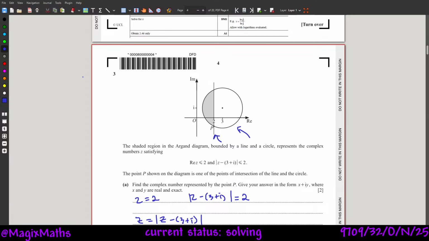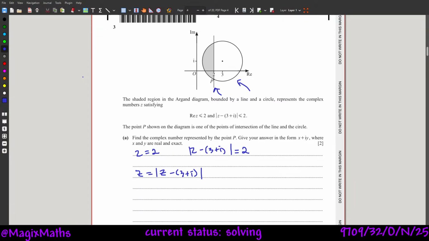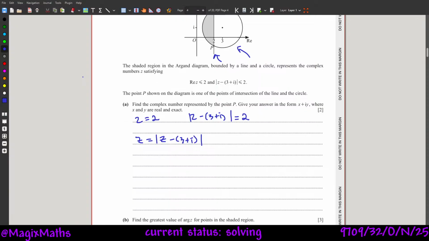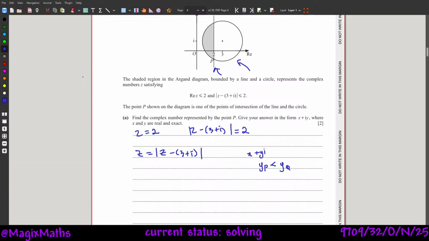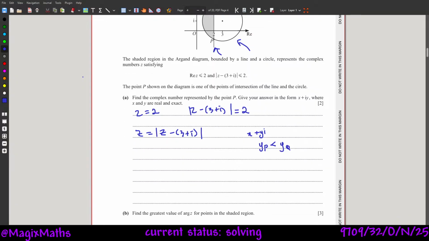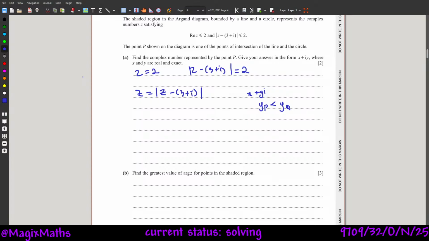So once we find our z, for the form x plus iy, we want the y of P to be less than the y of the other intersection point, let's say Q. So let's label this as Q. This is our condition: the y of P is less than the y of Q.